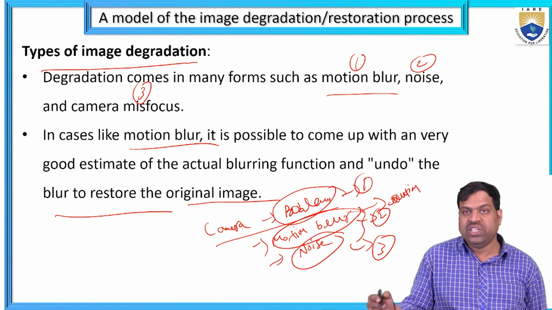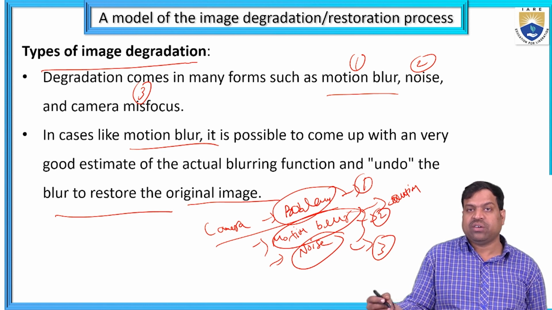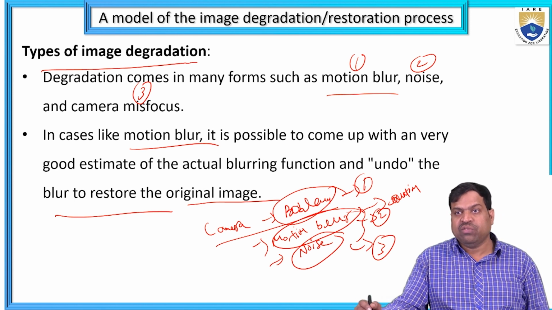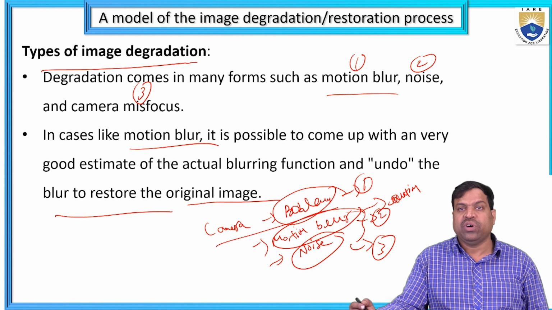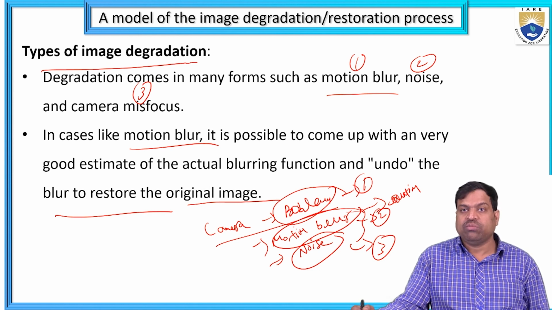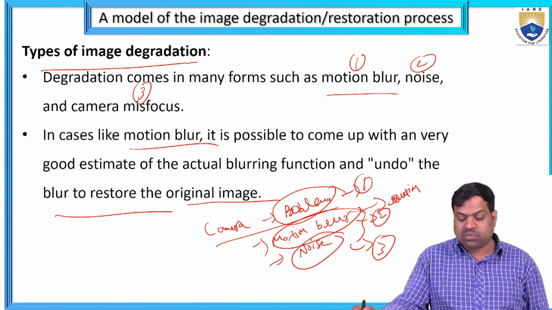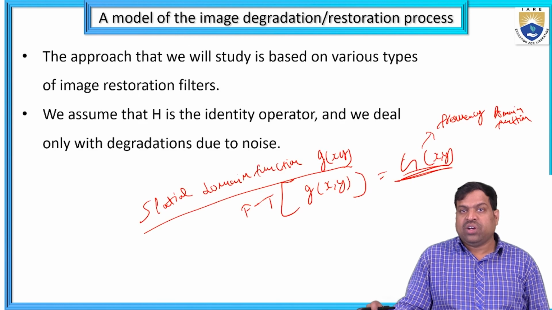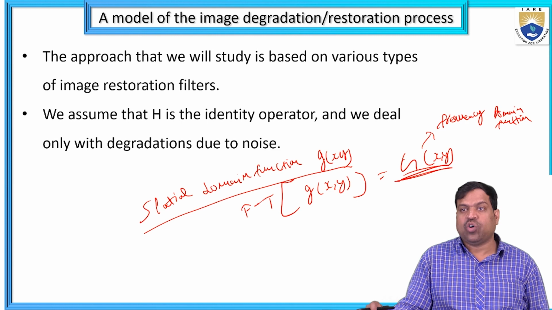How do we overcome these problems with transformation techniques and filtering? Motion blurring can be handled with a good estimation of the actual blurring function and then undoing it. Undoing is the solution for restoring the blurred image to the original.